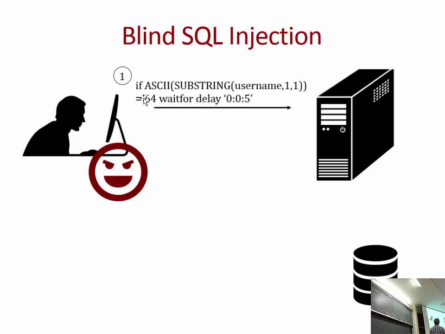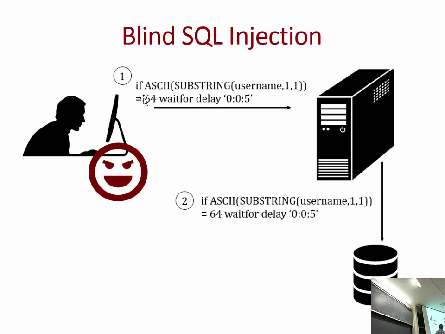I could say, if the ASCII character of the first character of the username, the substring 1, 1 here, is equal to 65, which is A, then delay by 5 seconds before doing anything. Otherwise not. Either you're going to have to wait for your page for 5 seconds or you're not. Therefore, you know the first character is A.